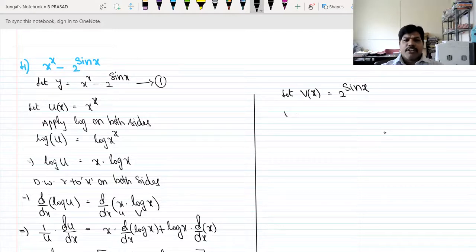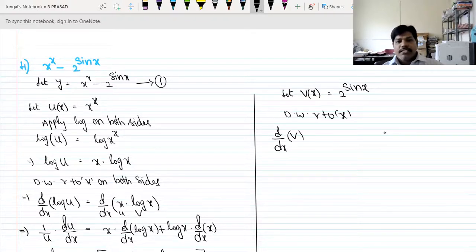I will differentiate this function directly with respect to x. So the derivative of v is equal to the derivative of 2 power sin x.